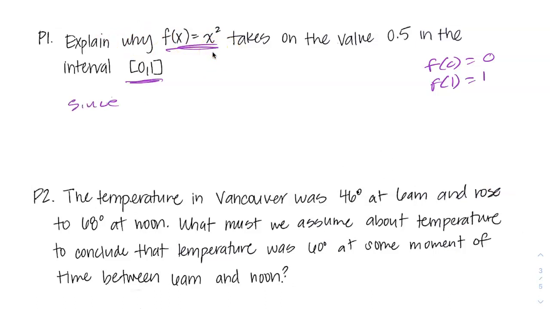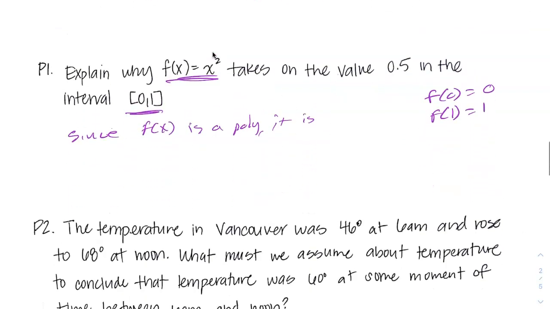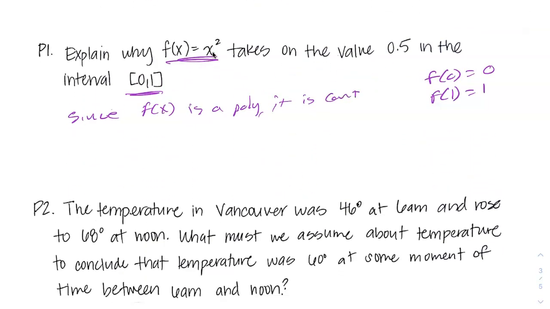Since f(x) is a polynomial, it is continuous. Now, f(0) equals 0, and f(1) equals 1.